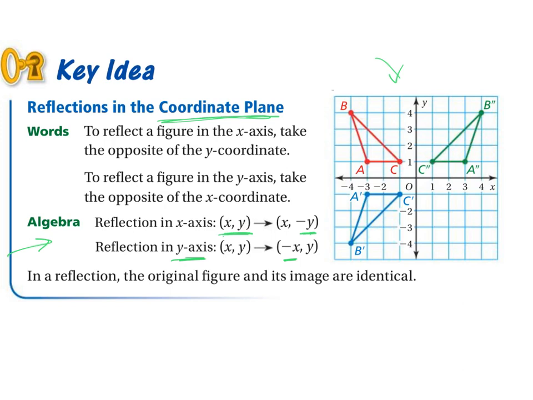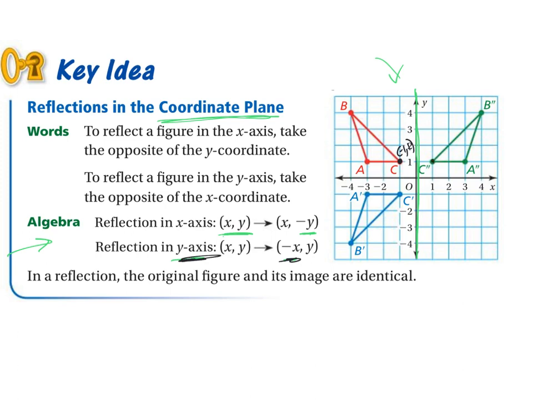Let's go ahead and start with the y. So we're reflecting across this line right here. We're just going to look at the point. This one here is just negative 1, 1. So the reflection across y makes my x opposite. That's another way of saying opposite x.